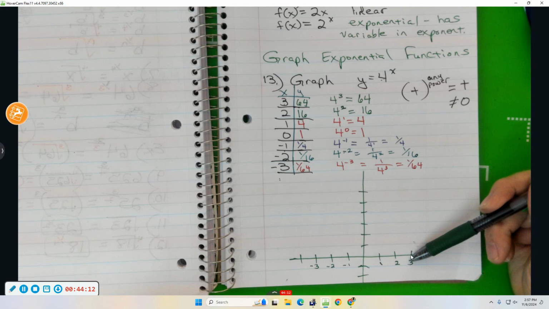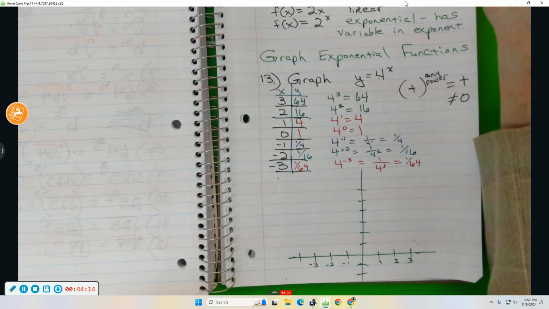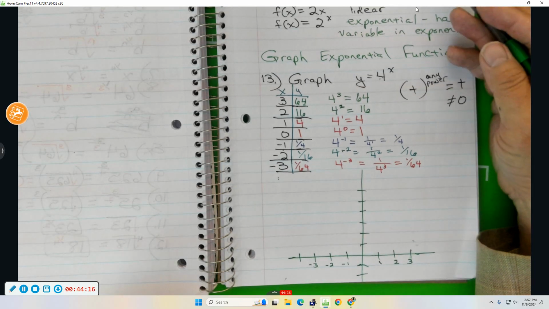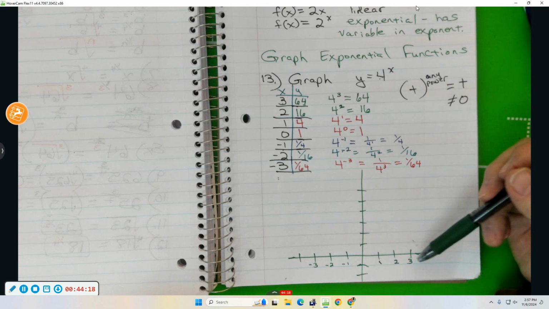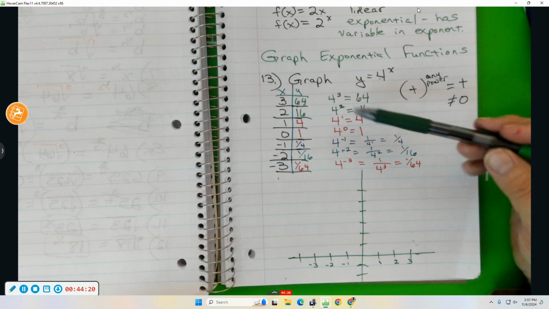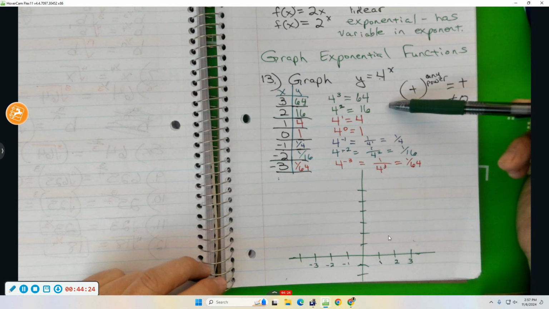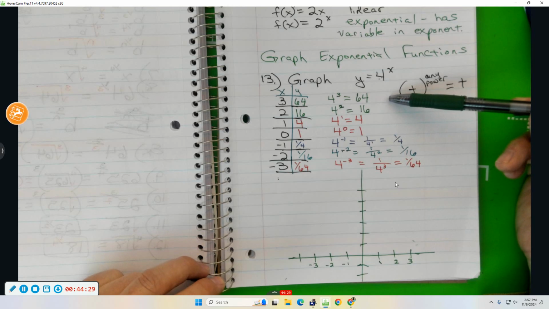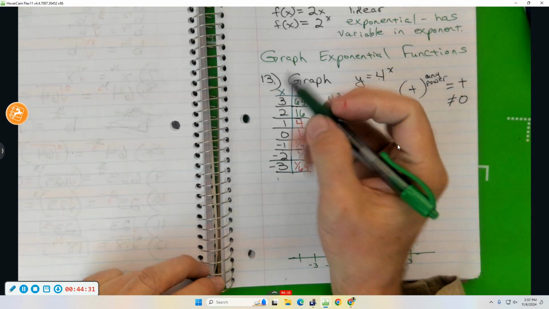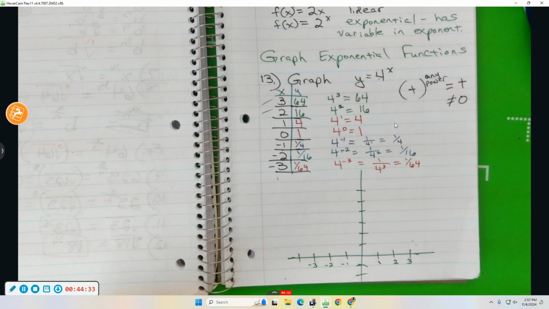That's way off the top of this page here, so I'm not even going to bother plotting that point. Right 2 up 16, that'd be somewhere up here, I guess. I'm not going to use either of those.